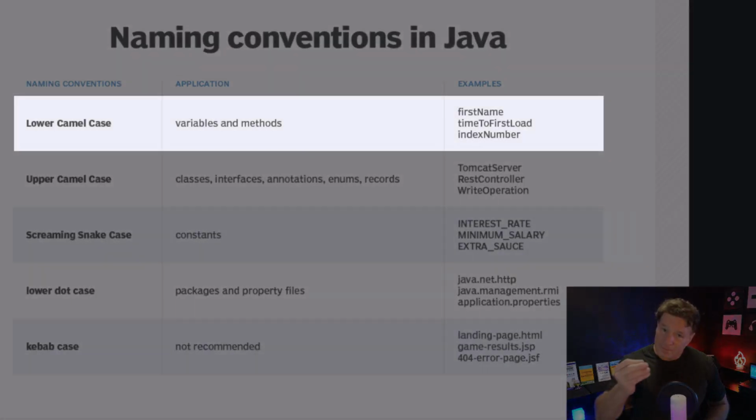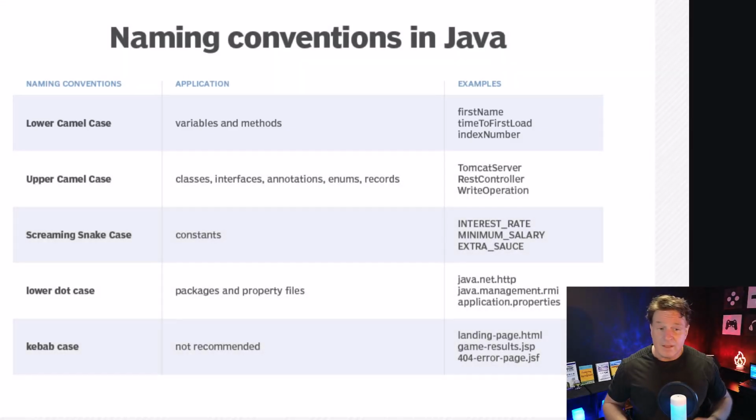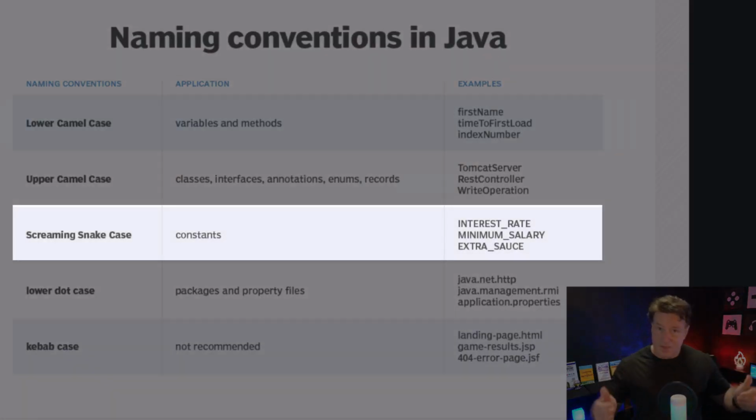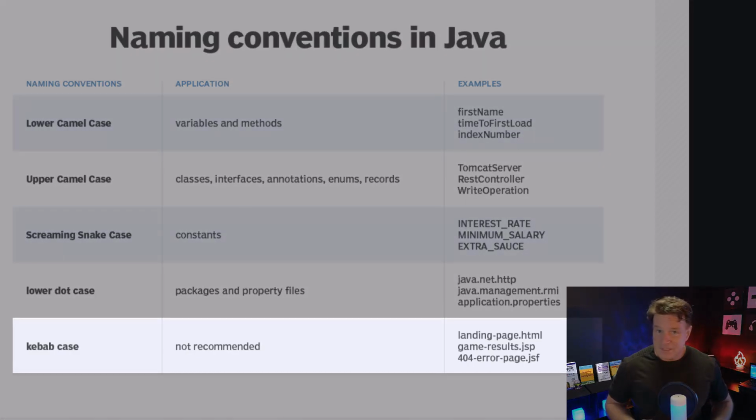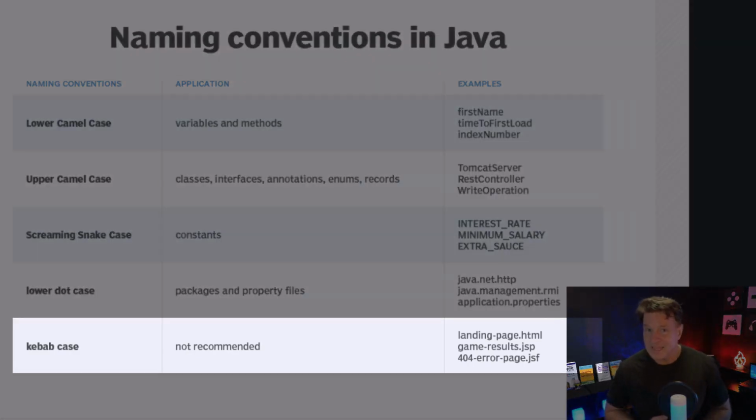In Java, for variables and for method names, those use lower camel case. And as I like to say to people, classes are your friends, variables and methods are not. But that's how we use them in Java. Screaming snake case in Java, that's constants. So if you've got a constant, you declare that using screaming snake case. And as far as Kebab Case goes, we really don't use that in Java.